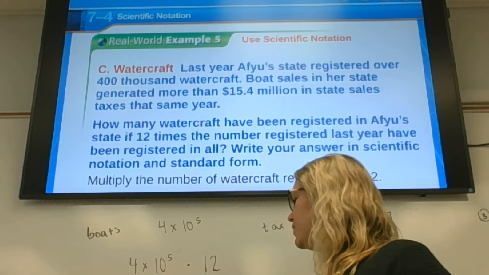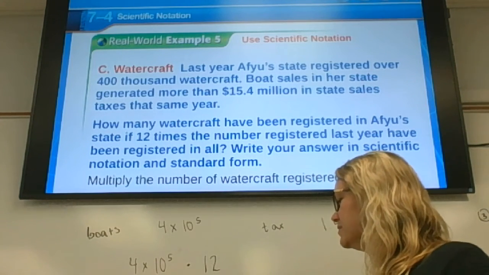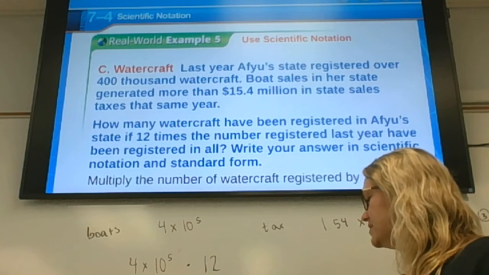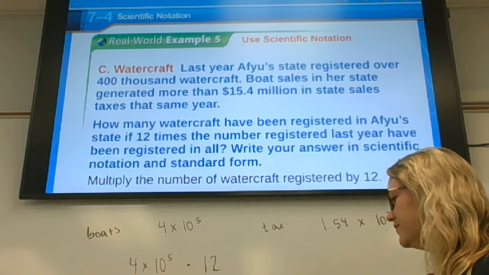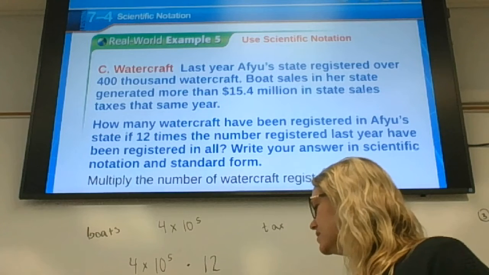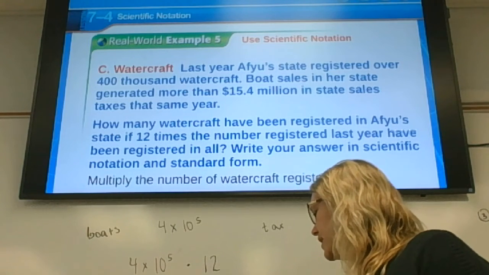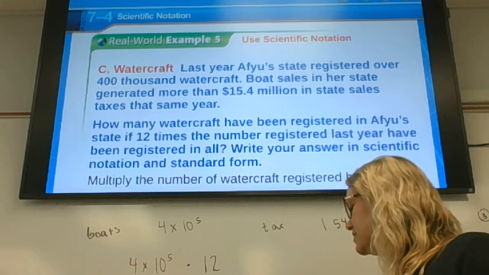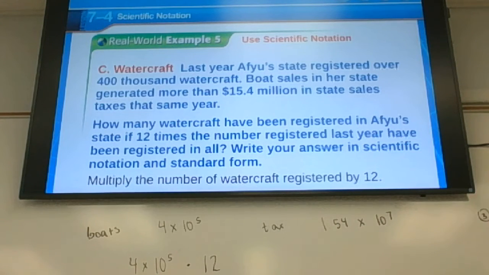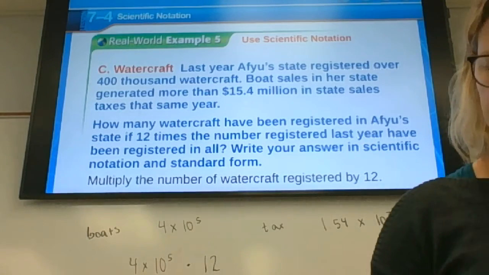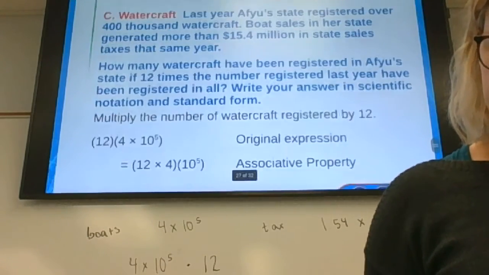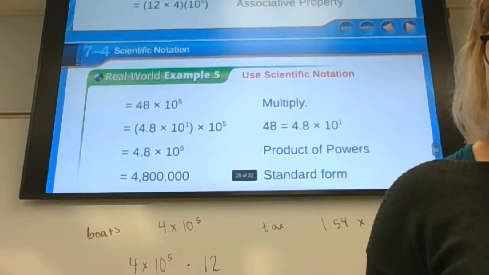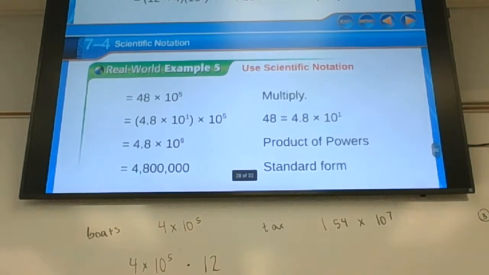So we're going to do 4 times 1.2, and 10 to the 5th times 10 to the 1st. That's 4.8 times 10 to the 6th. Yeah, I just times 400,000 by 12. All right, there's our answer.